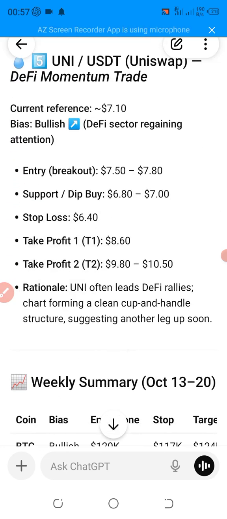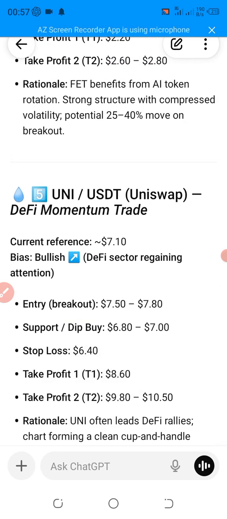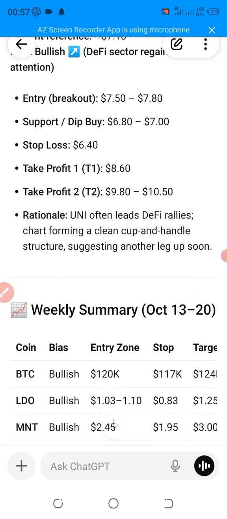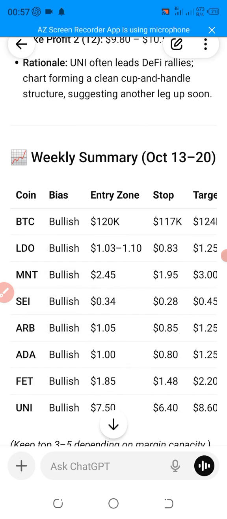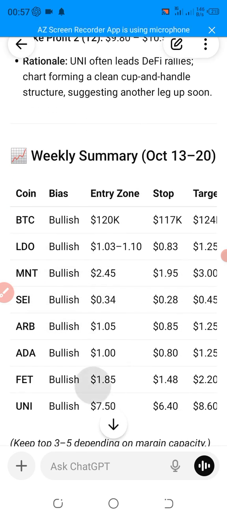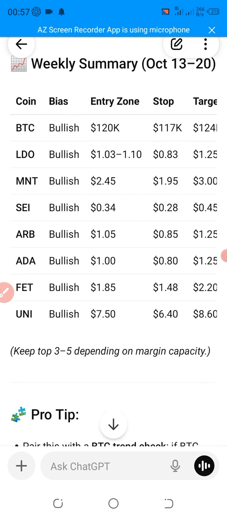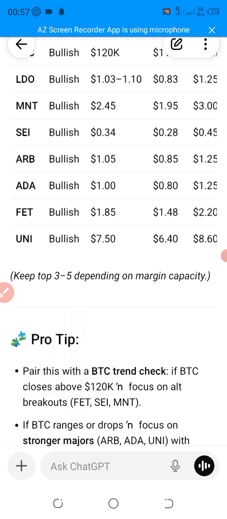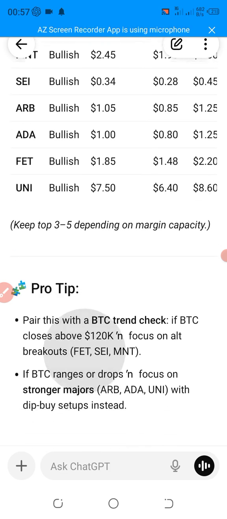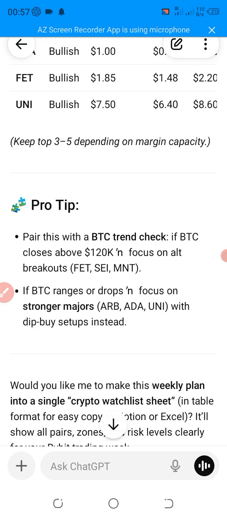the one I did today is I told ChatGPT to give me a week trade setup. You can see a week trade setup, and you know what it told me? It said keep top 3 to 5 depending on margin capacity. It said pair this with a BTC trend check.